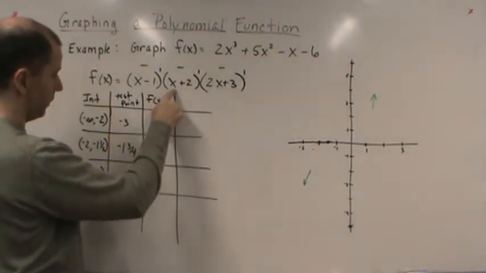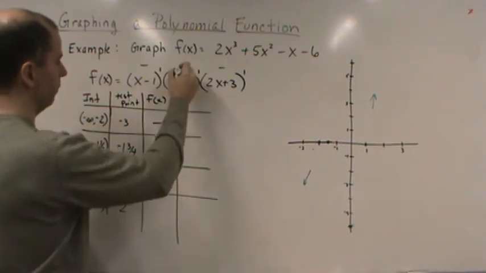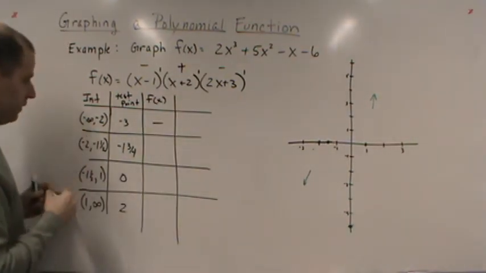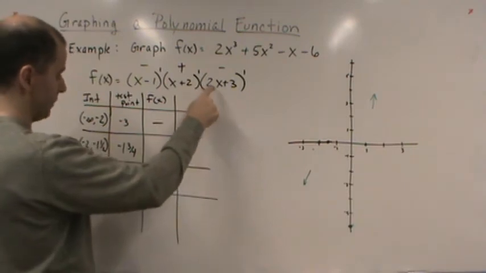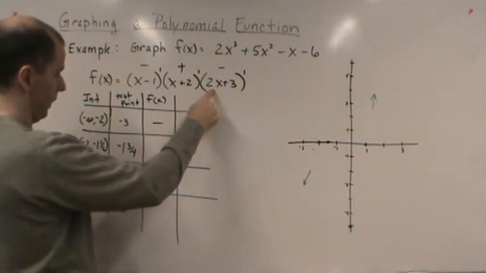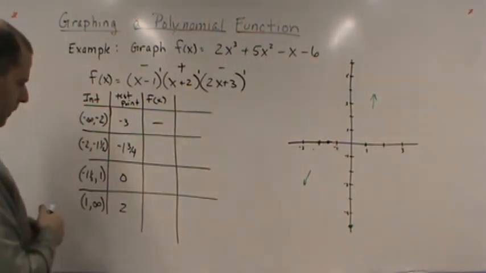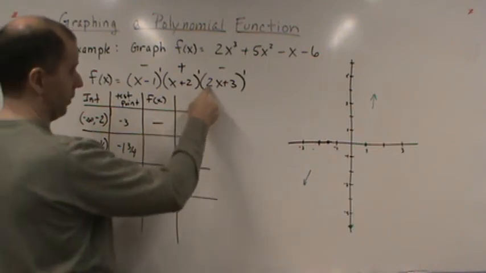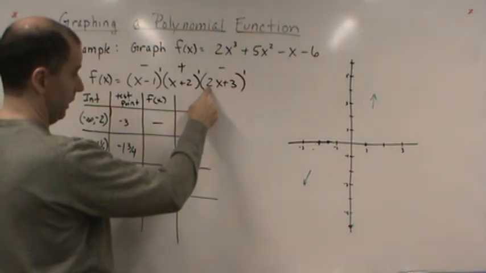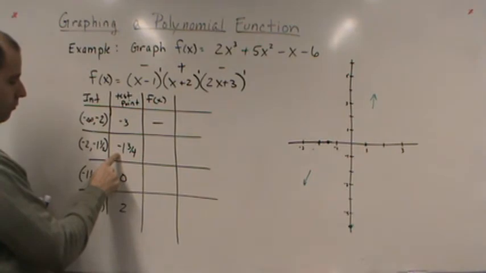Negative 1 3/4 plus 2 is going to be positive now. And then negative 1 3/4 times 2, well, I'm doubling my value, so that's going to be bigger than 3, negative.